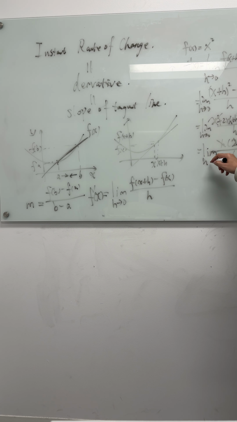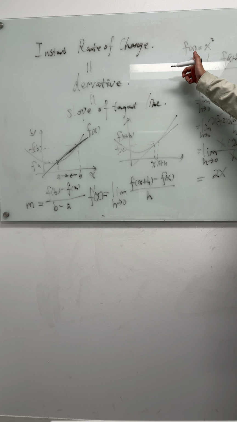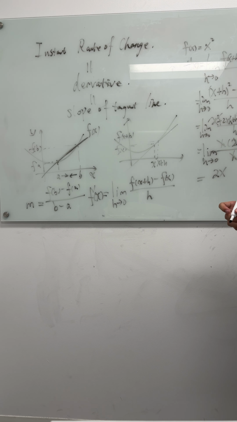So when h tends to 0, the final answer should be 2x. So we can say for f(x) equal to x squared, the derivative of this function is just 2x.